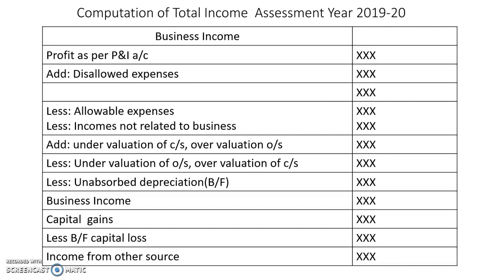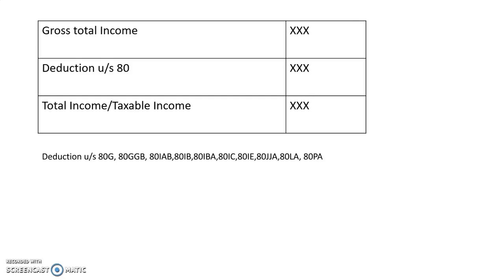So after adding business income, capital gain and income from other source, we arrive at the gross total income. From the gross total income, if any deduction is there under section 80, the company can claim deduction under section 80.